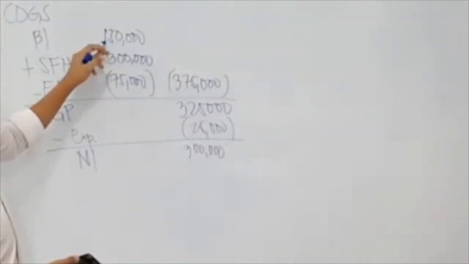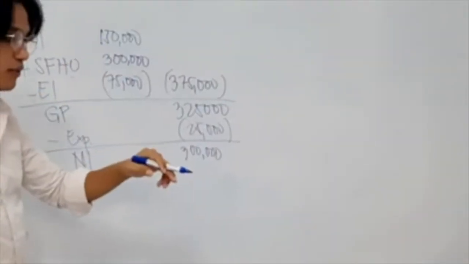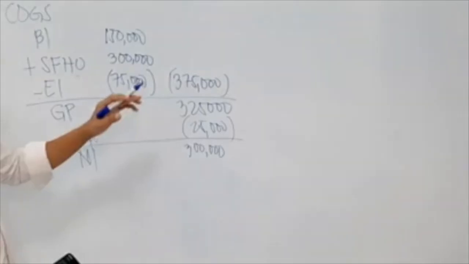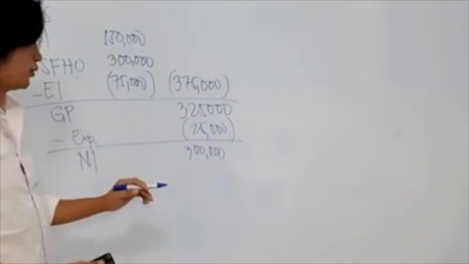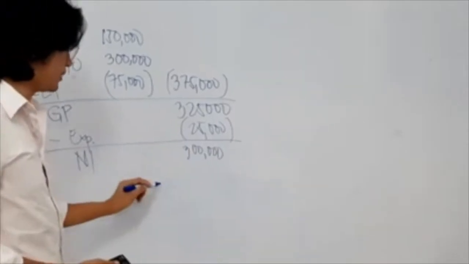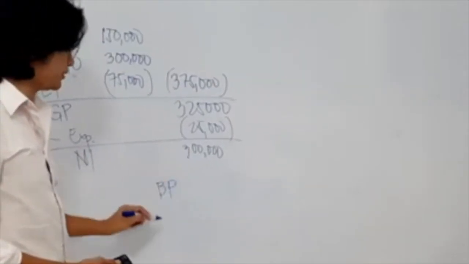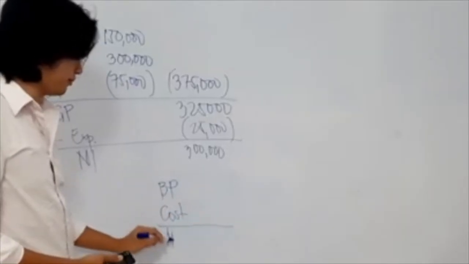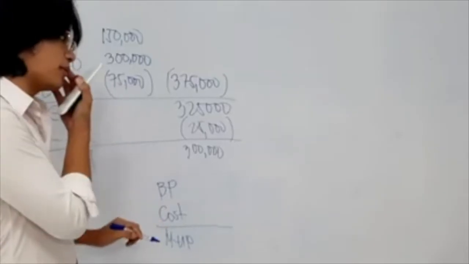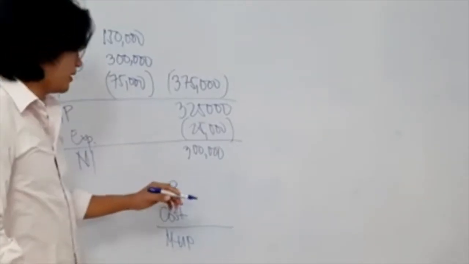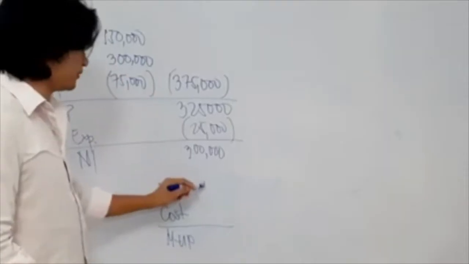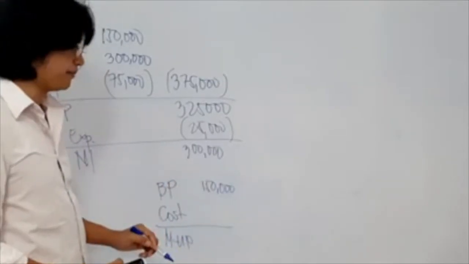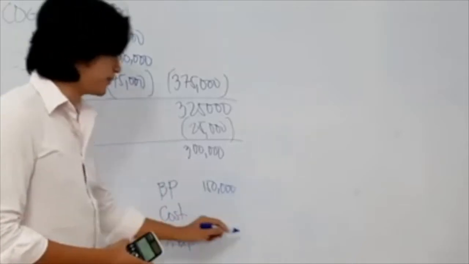So our beginning inventory here has a markup of 50% above cost. So this is how you compute for the markup. So say for example, you have build price, you have the cost, then you have the markup. So in our case, for our beginning inventory, the build price is 150,000. Okay. And then according to the problem, there's a markup of 50%.